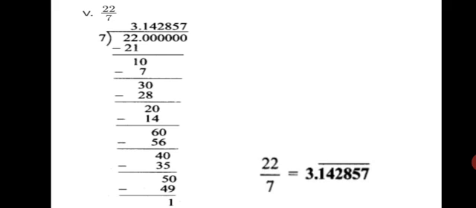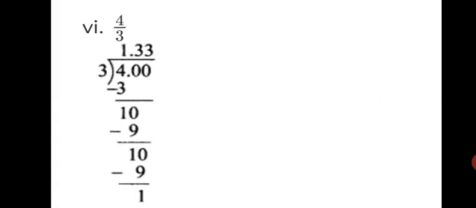Okay, let's solve question number 6 now. 4 upon 3. 4 divided by 3, 3 1s are 3, simple, got remainder 1. Now 1 cannot be left, so we need to take a point after 4 and write zeros.